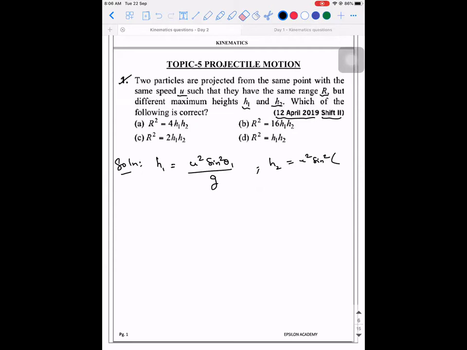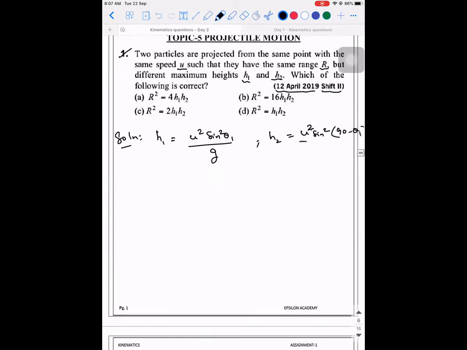Correct? If one angle is theta, the other angle is 90 minus theta 1. So h2 will be equal to u square cos square theta 1 by g, and this is u square sine square theta 1 by g. If you look at all the expressions that they have asked, it does not have theta involved in it because it is not given in the question.